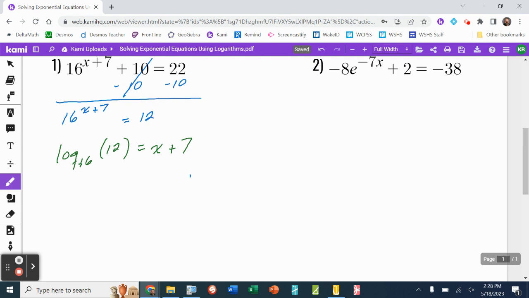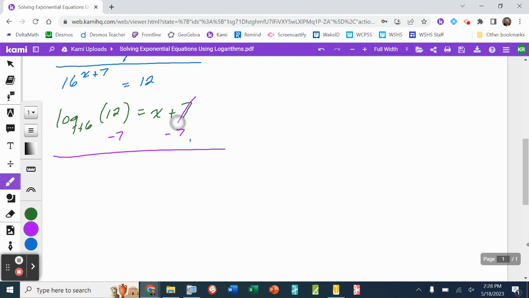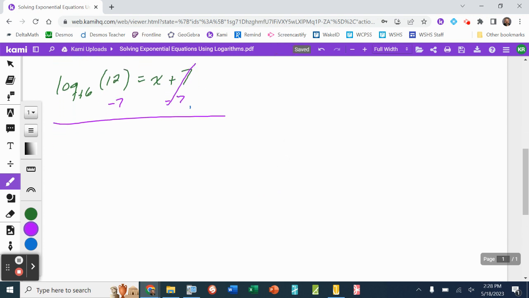Now, if I want to get the answer, I need to solve for x. Up above, x has 7 being added to it, so I'm going to subtract 7 from both sides. That's going to cancel out the 7s on the right-hand side, leaving us with x, which is what we want.